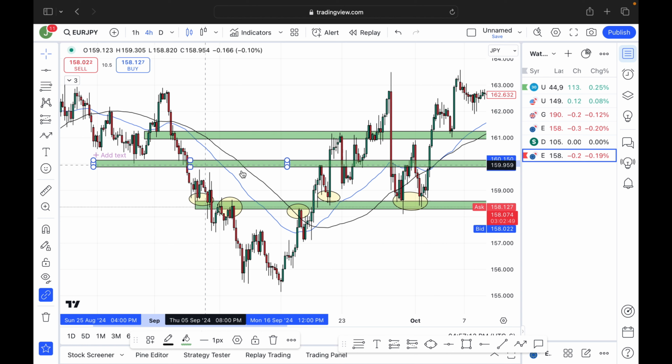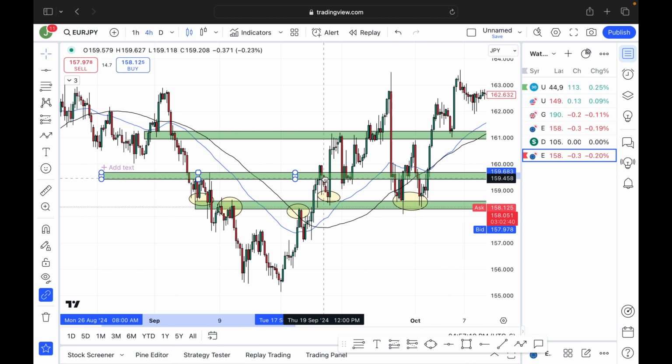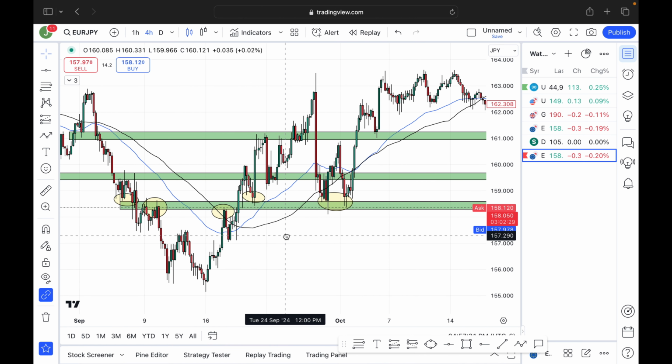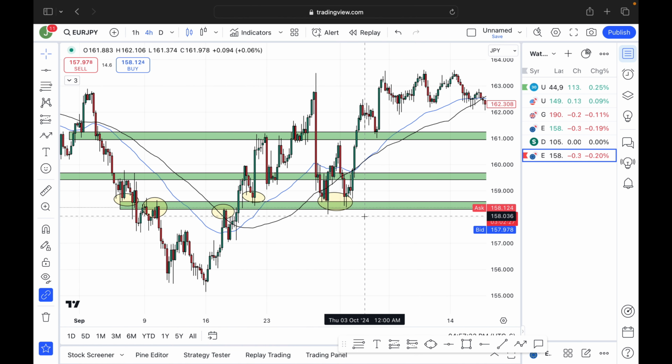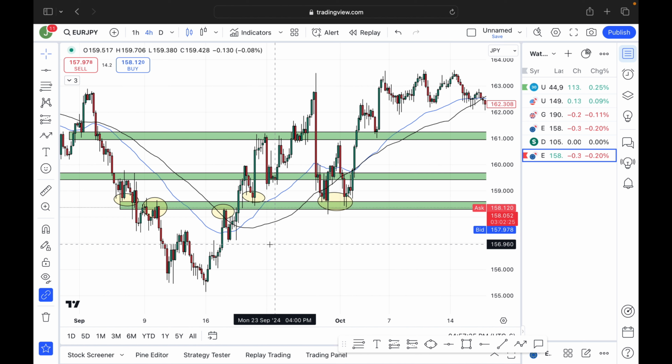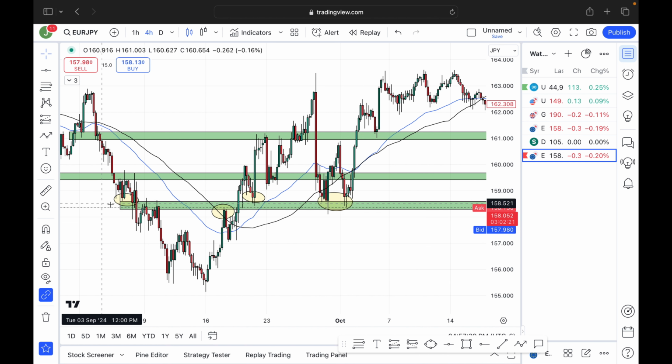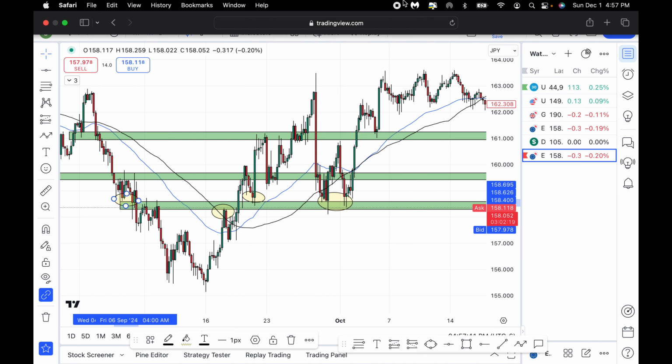Price didn't quite come back here. It completely broke through once, twice, closed below and above. So that's why you want to make sure you have multiple, one, two, three strong touches. That's what we're looking for in our support/resistance. So hopefully that makes sense. Let's move on to the next section.